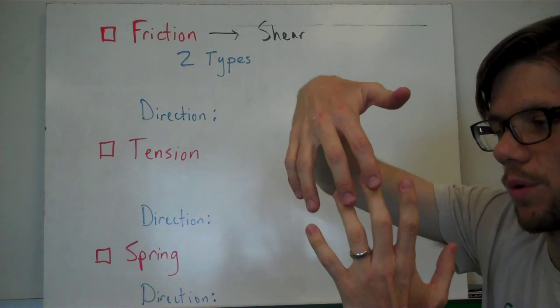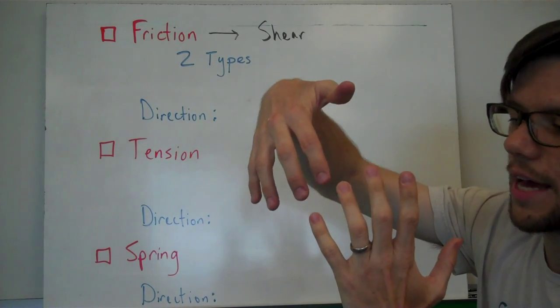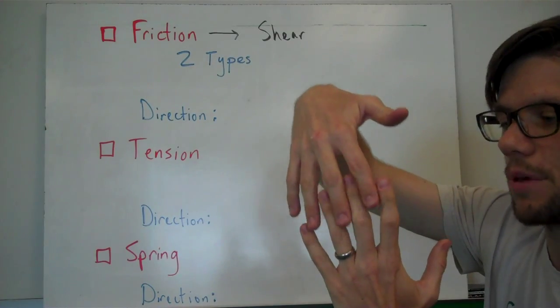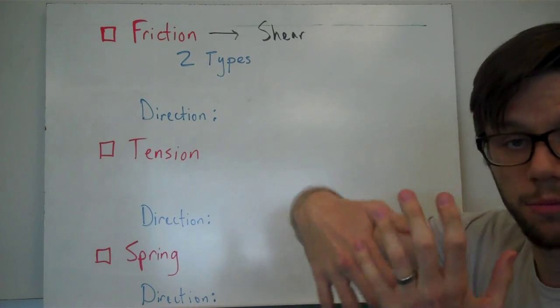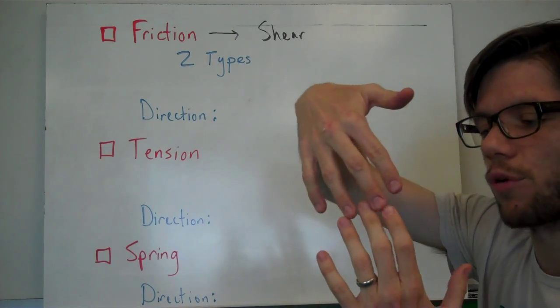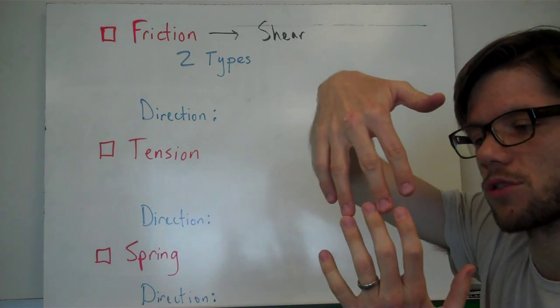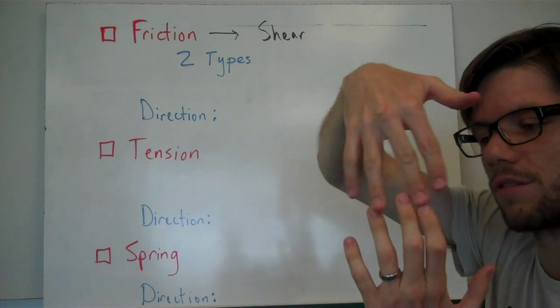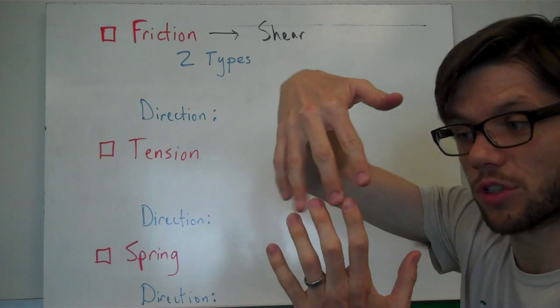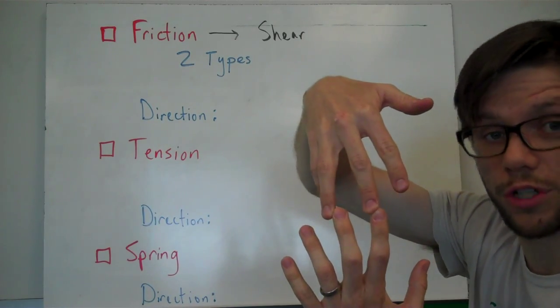In other words, they interact with one another. To the degree that those interlock patterns happen over and over again, we can get more or less friction. And so that's the shearing that's happening. If we were to look at the surface, we would see those molecules moving back and forth to allow one object to move past another. So this is the example of a shear force, or the frictional force.